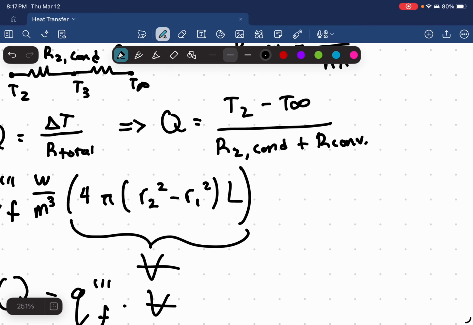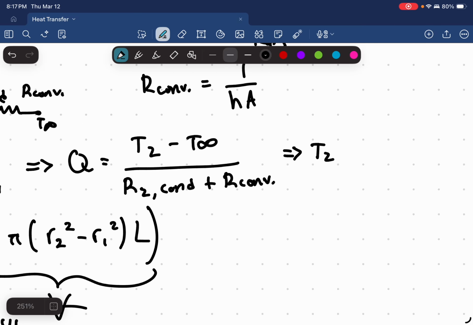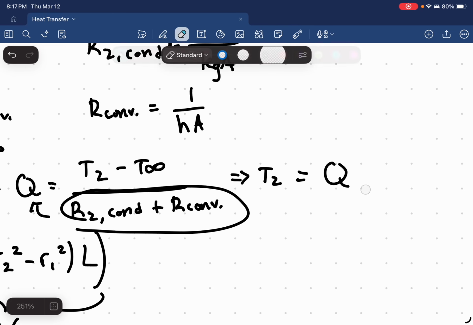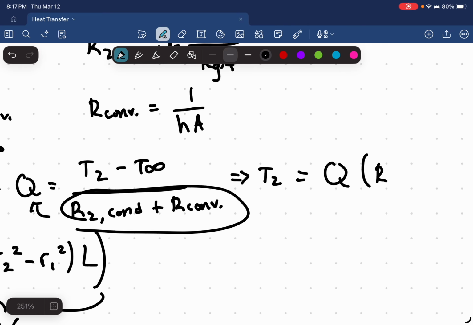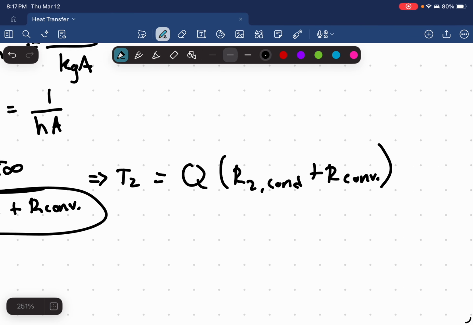Whenever we substitute, let's first solve for T2, like make an expression. So we're going to multiply this term over here. So we'll have the Q and then R2 conduction plus R convection, and then plus T infinity.